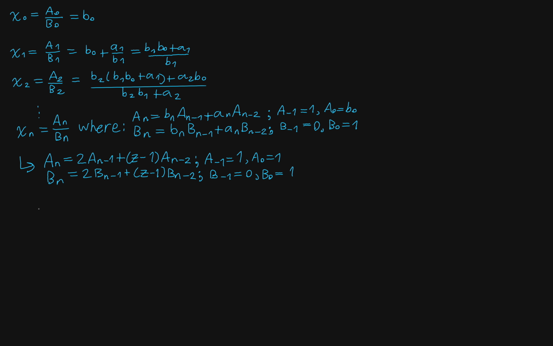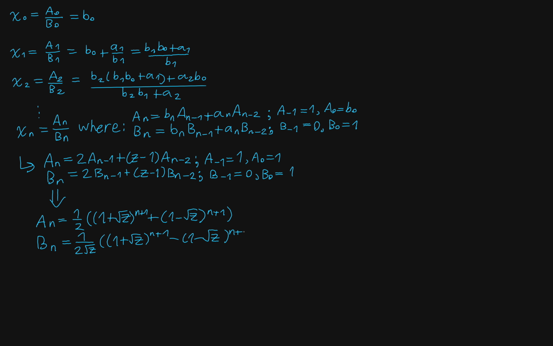When you solve this, you're going to get a sub n is equal to 1 over 2 times 1 plus root z to the n plus 1 plus 1 minus root z to the n plus 1, and b sub n is going to be 1 over 2 square root of z times 1 plus root z to the n plus 1 minus 1 minus square root of z to the n plus 1.